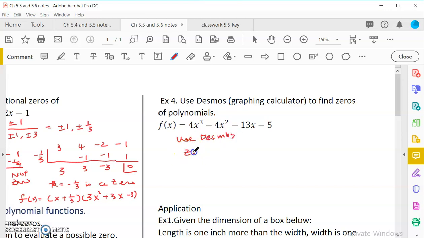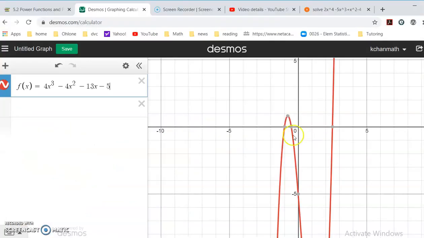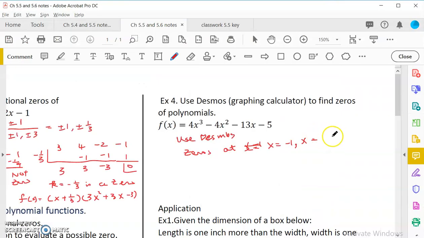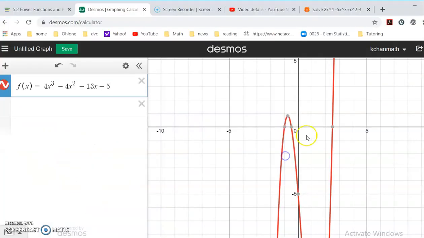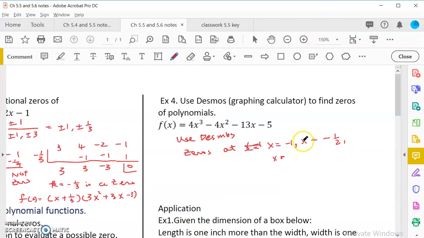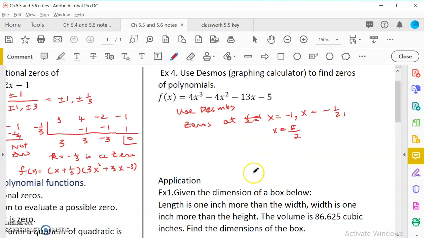The zeros are at x equal to -1, x equal to -0.5, right? -1/2, we like to write in fraction. And x equal to the positive 2.5, that means 5/2. That makes sense. These are possible, but we just don't want to do it, we just go to Desmos and get it.